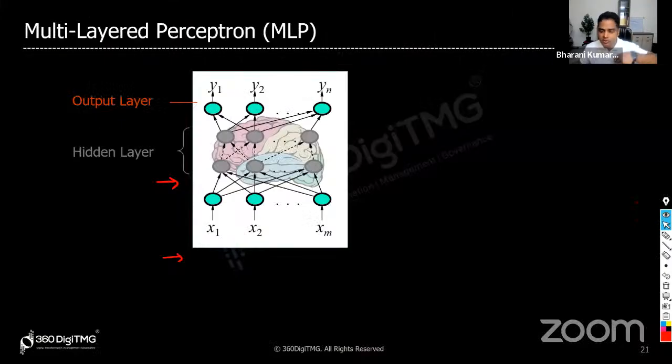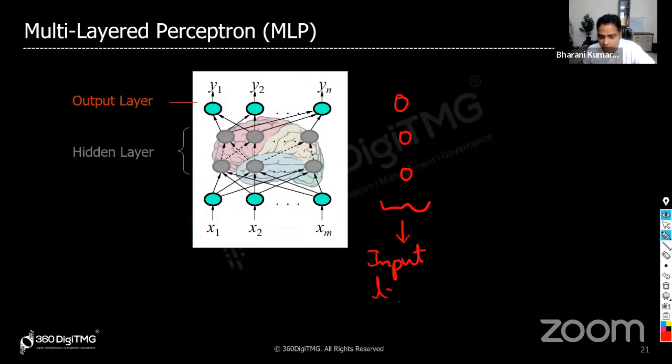Okay, so back to our discussion here. When you have your neural network, you will have your input layer. And how many neurons will you have in your input layer? The input layer contains a number of neurons equivalent to the number of inputs, or the number of features that we have.